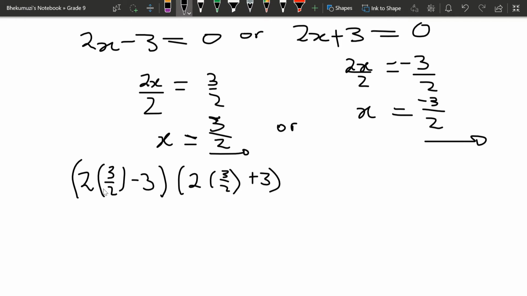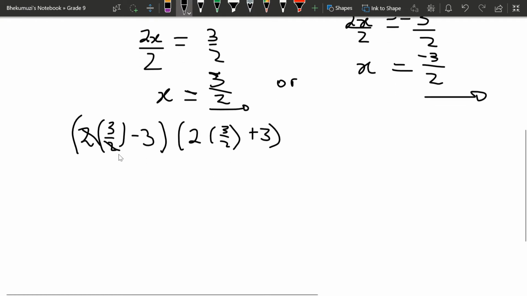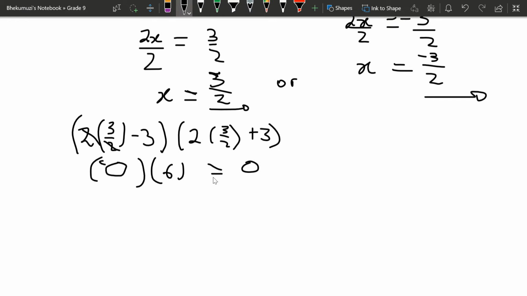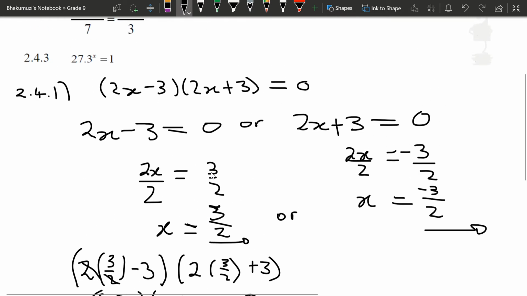What do you see here? The 2 and the 2 cancel out, and we're left with 3 minus 3. So in this bracket we actually have 0, and in the other bracket we'll have 6, right? So it's actually 0 times 6, but 0 times 6 gives us 0, and that's why we say either of the two.